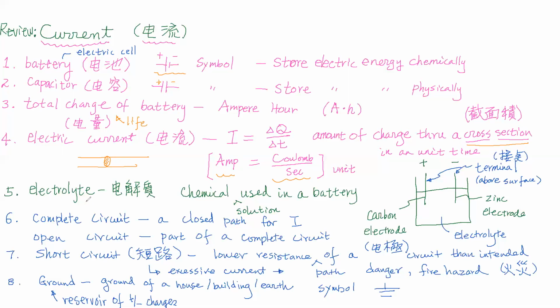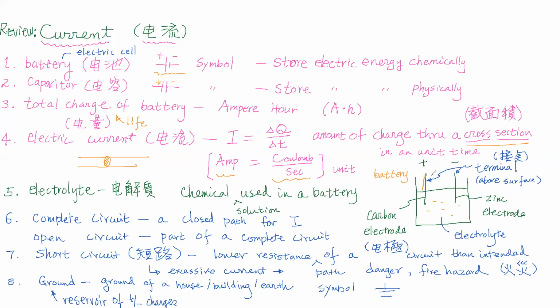Number five, electrolyte, 电解质. It's the chemical solution, the liquid inside here, the liquid used in a battery. This is the battery drawing, and we have a plus. The terminal is the one above, right here.